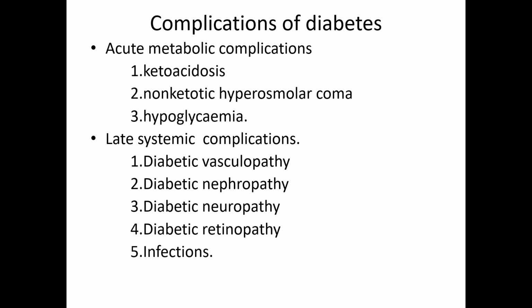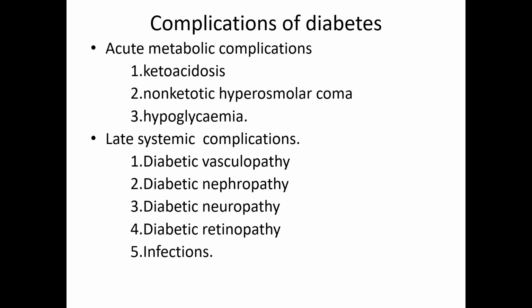Then this will lead to hypoglycemia. Hypoglycemia is difficult to tolerate and could be much more damaging immediately than hyperglycemia. So it produces confusion and even coma. But this condition must be recognized in all cases of diabetes.